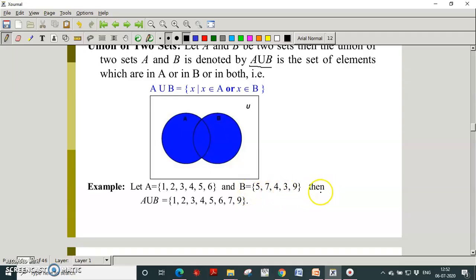Then we find A union B. If the element belongs to A or B or both, it comes under the union. So here it is 1, 2, 3, 4, 5, 7, 9.